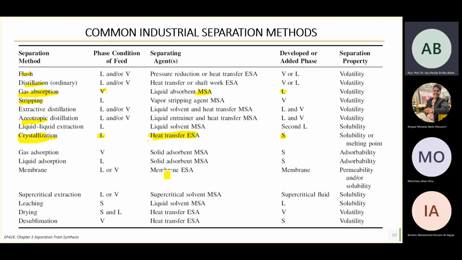So whenever it affects the pressure or temperature, it's considered ESA. Whenever it affects physically the thing, it's ESA. Correct, mass being added to the system, to the process. So for the osmotic pressure, different pressure, so it is ESA. Reverse osmosis as well, right? You play around with the pressure.